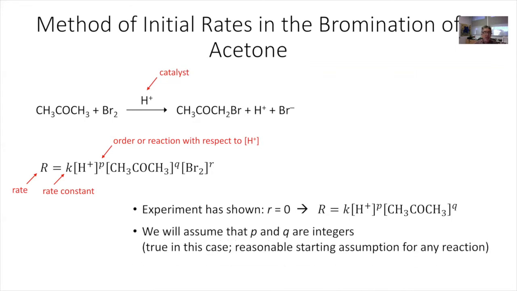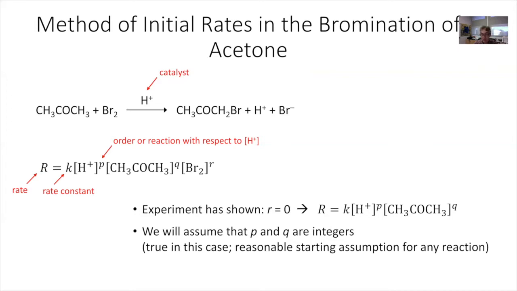Second, it is known experimentally that P and Q are integers. When scientists investigate chemical reactions, they usually begin with the assumption that the rate law is simple and that the orders of reaction are integers until they have very strong evidence to the contrary.